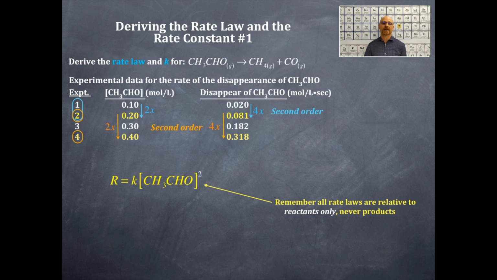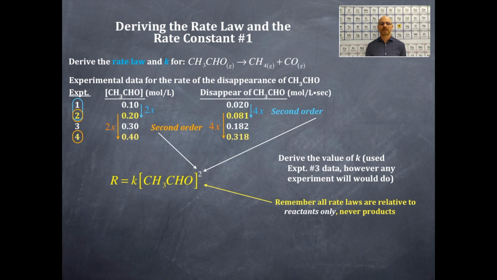There's only one reactant, so that makes this really easy. We just derive the order of that reactant by comparing experiments 1 and 2 and 2 and 4, and that's how we derive that power, which is 2. All right, so now that we've derived the rate law, we need to derive the rate constant and the units associated with that.